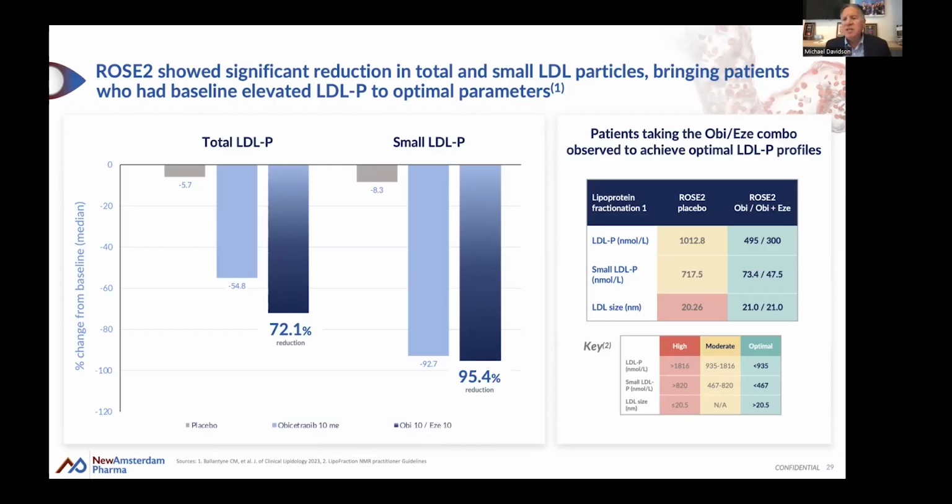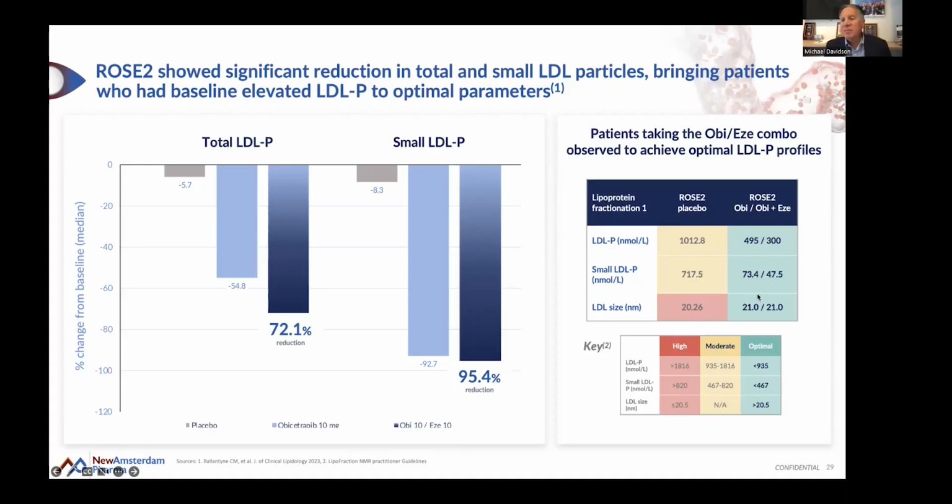So what does that mean? So we wanted to share with you kind of what happened. In the placebo arm, which is representing the active as well, they're all on high intensity statins. The LDL particles are roughly 1,000, of which 700 were small particles. The particle size was small. And when they were put on obicetrapib alone or obicetrapib with ezetimibe, the particles dropped to 495 and 300 respectively.